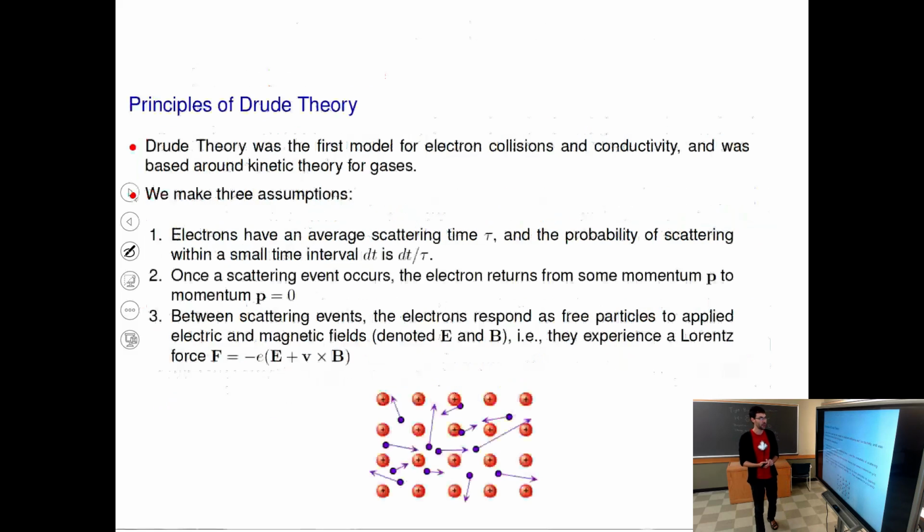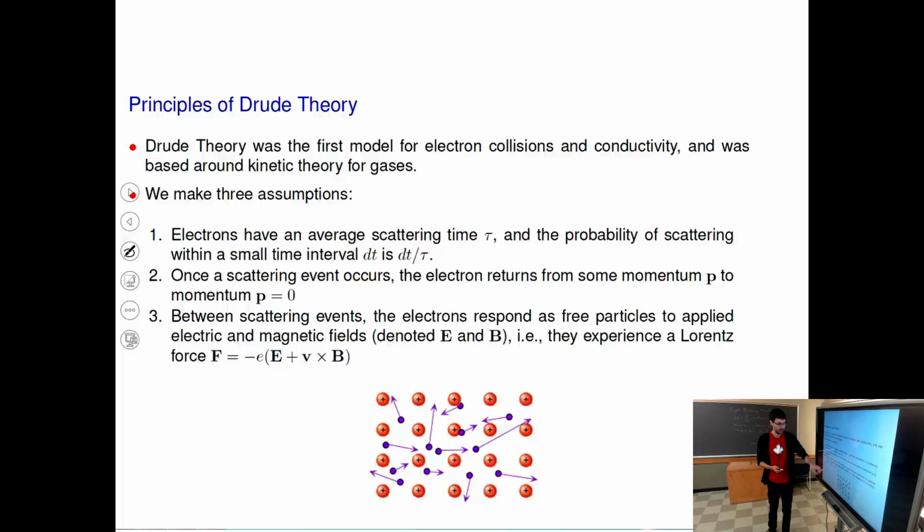Okay, Drude theory is a kinetic theory of gases rewritten for electrons. And so it basically treats electrons as little balls that bounce around. And they bounce and they scatter off of things.